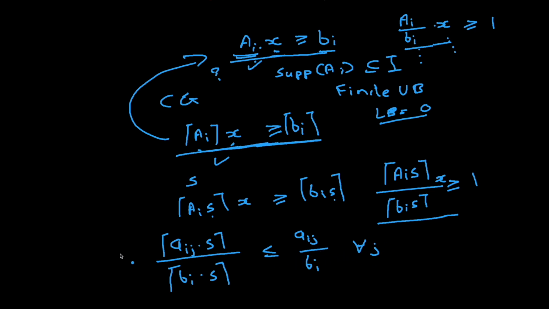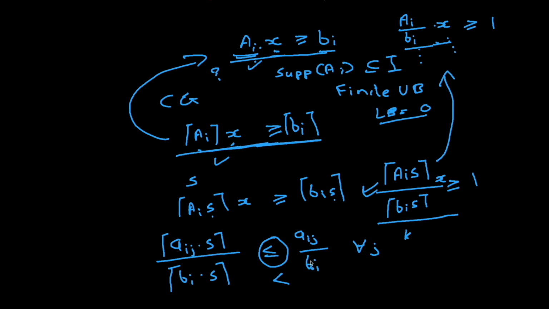This should be true for all j, all the variables in this inequality. That's one condition. And there should be some j or some k for which this inequality is strict. If that happens, then we know that this inequality is strictly dominating compared to the other one.